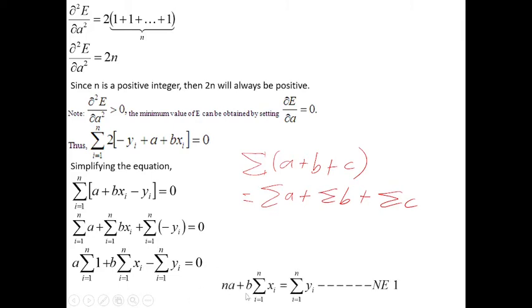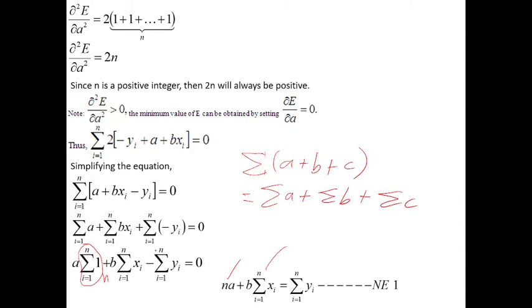Ito ngayon yung ating first normal equation. Meron ka ditong 1 na i-add mo n times sa sarili niya. That is n. Kaya, A times n is nA, plus B summation xi from i equals 1 to n.